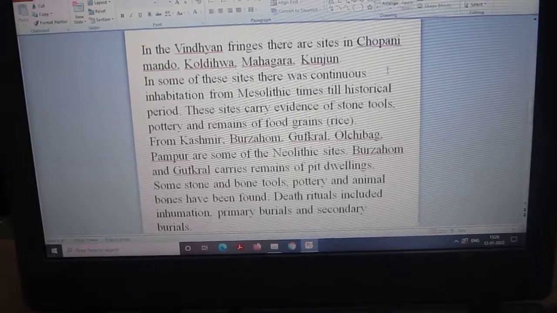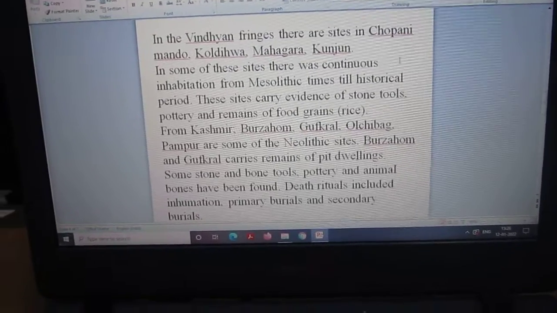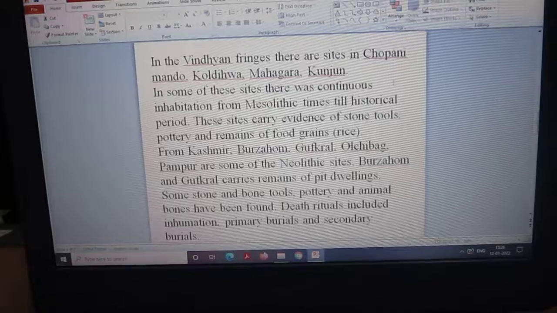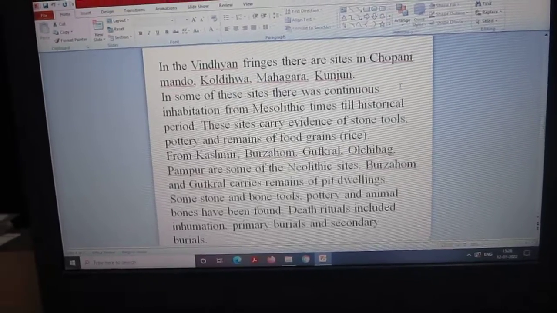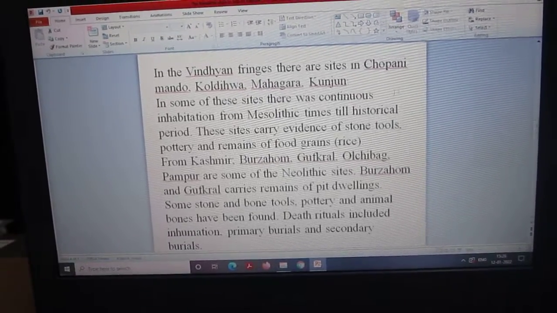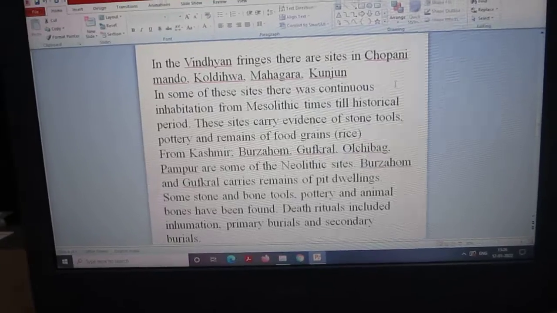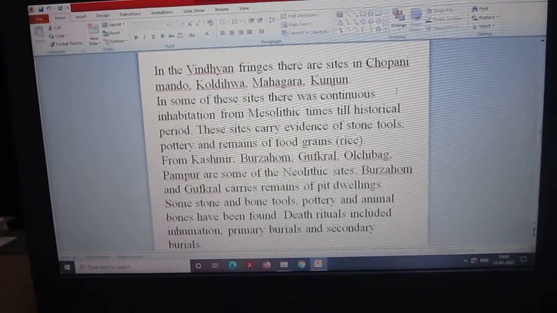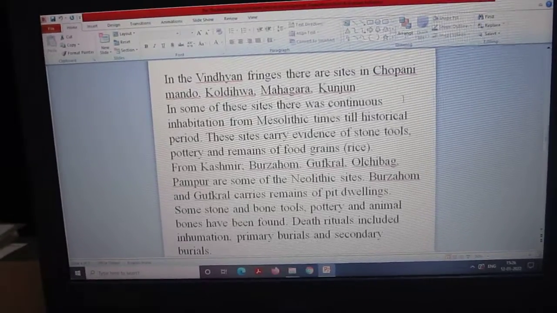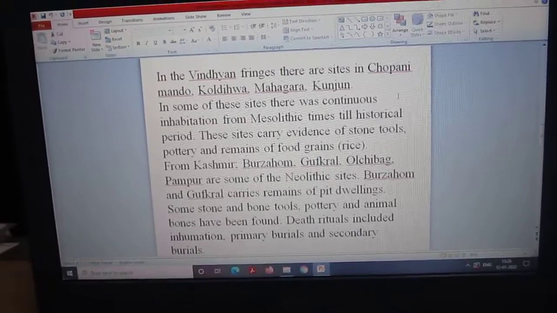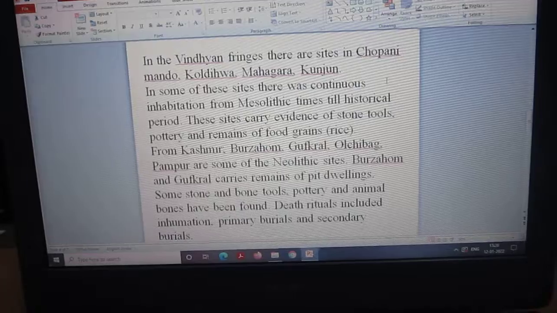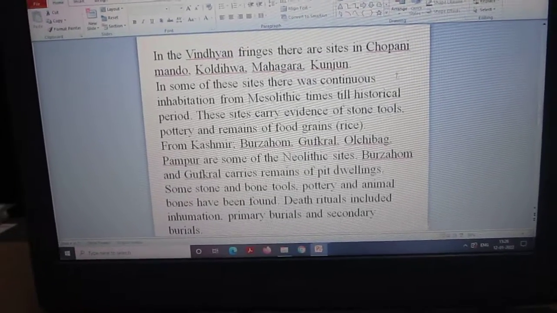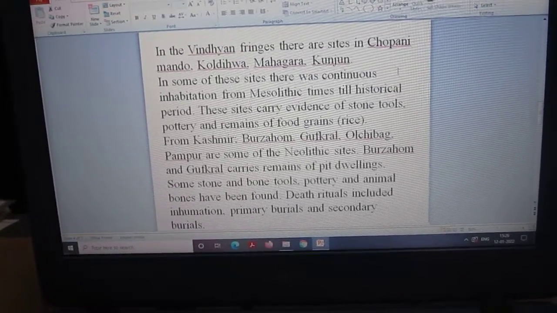From Kashmir also we have some Neolithic settlements, and in fact, before the Neolithic age, people perhaps did not live in Kashmir because of the climate. Kashmir had a very cold climate, so people perhaps found it difficult to live here. The earliest evidence that we have of human settlement in Kashmir is from the Neolithic age, and Kashmir is also relatively recent compared to the Balochistan sites.